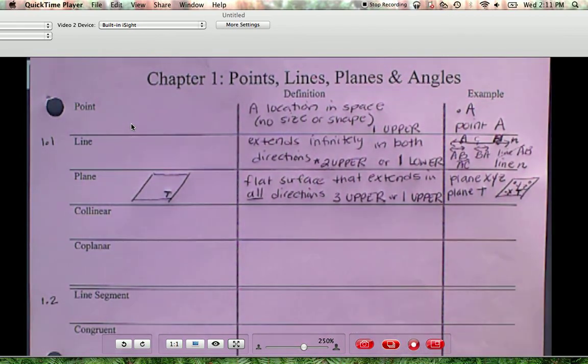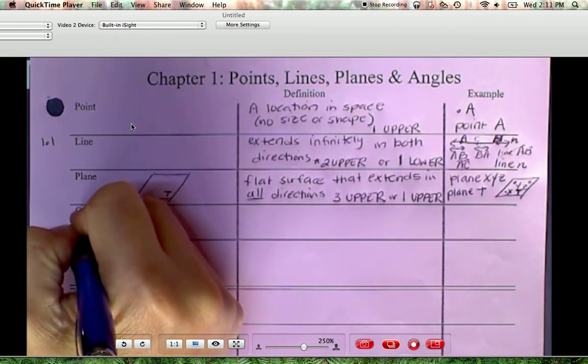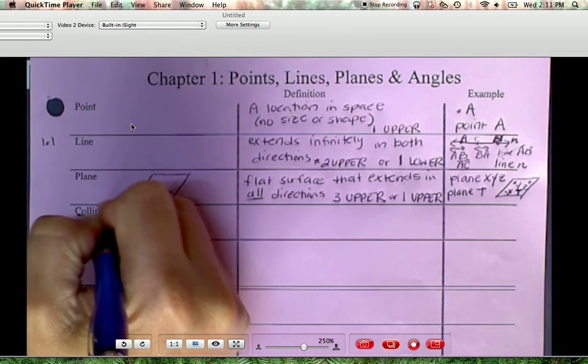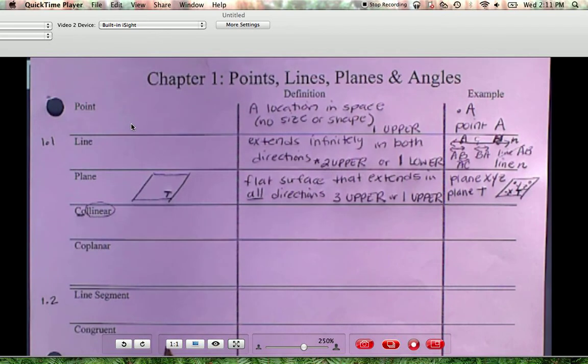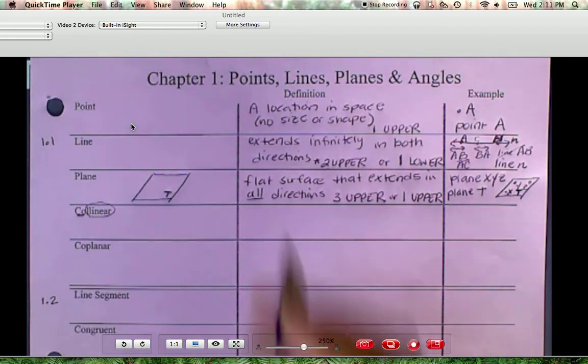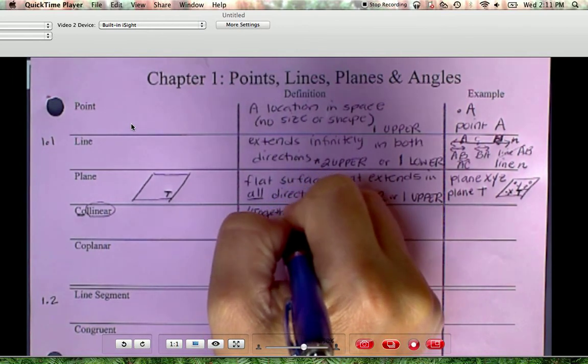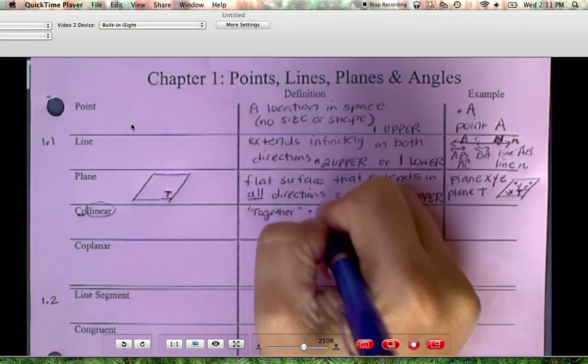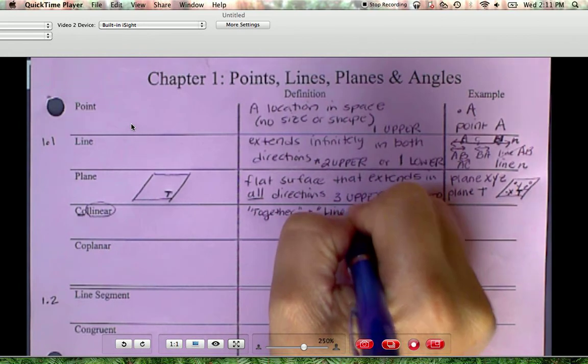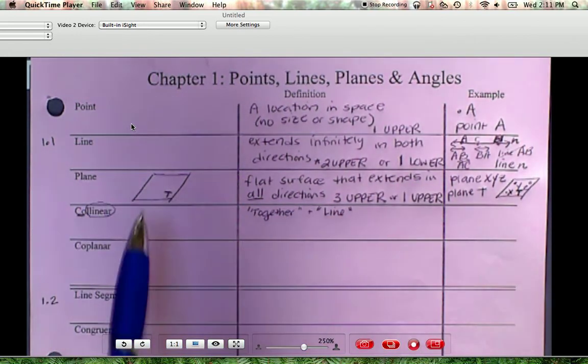Collinear, the easiest way for me to describe collinear is if you break it apart into 2 words, co and linear. Okay? Co means together, and linear, of course, means line. Co means together, linear means line.